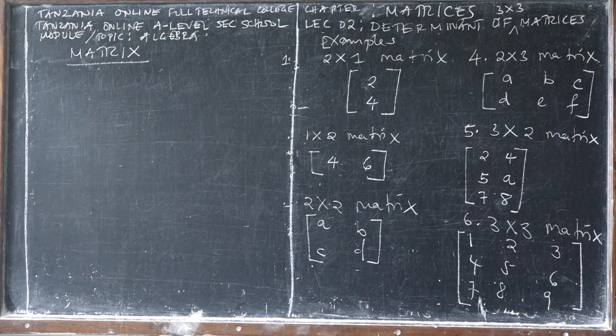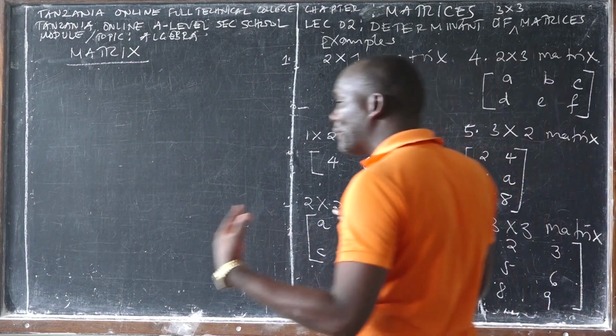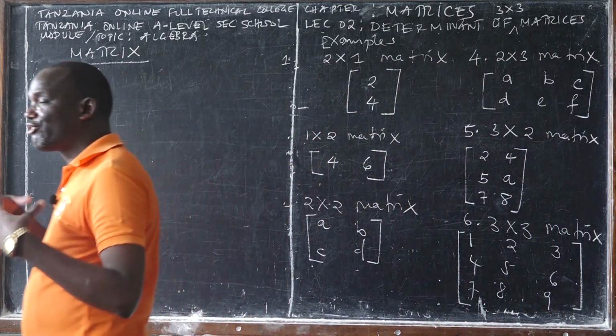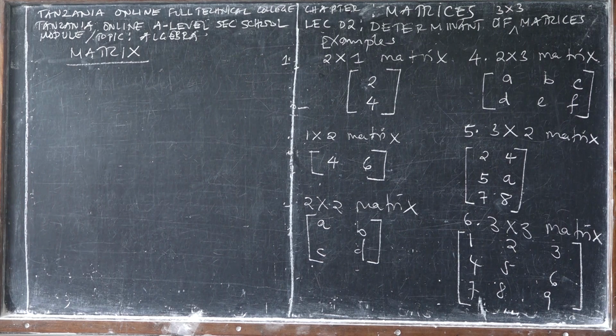In A level and ordinary diploma, we have to teach about 3 by 3 matrices, and we will be teaching you how to solve 3 simultaneous equations with 3 variables, x, y, z. Class, are we together? Yeah.